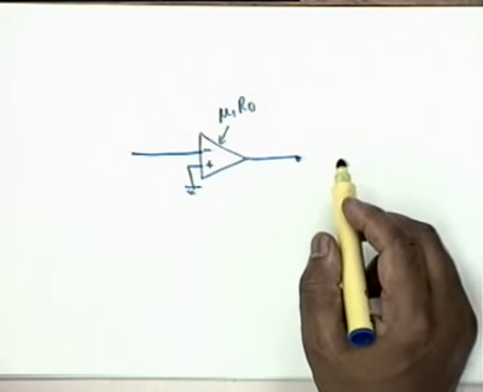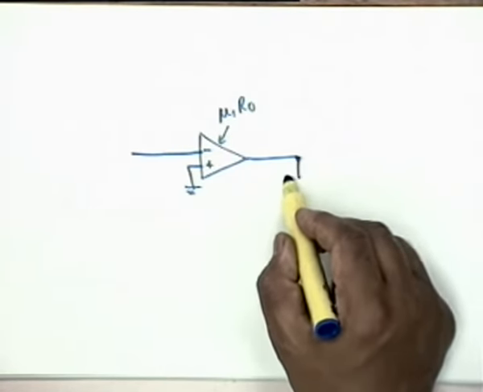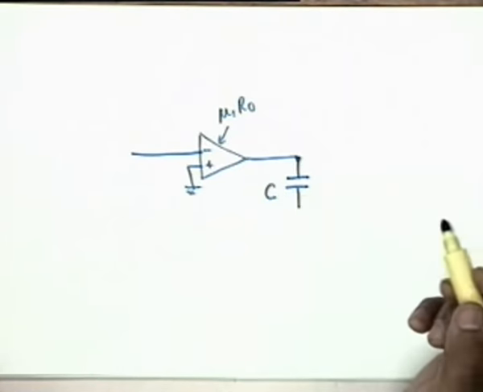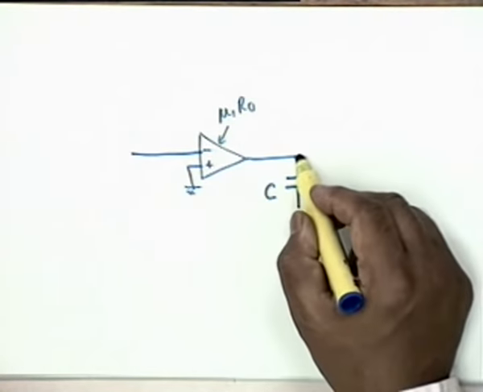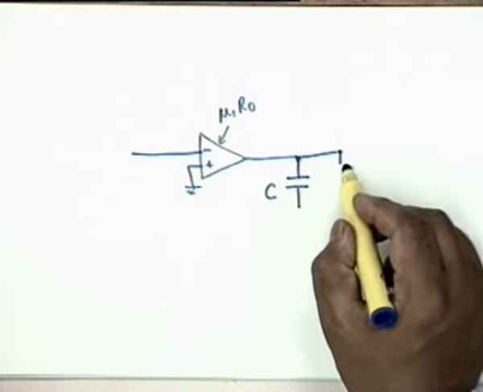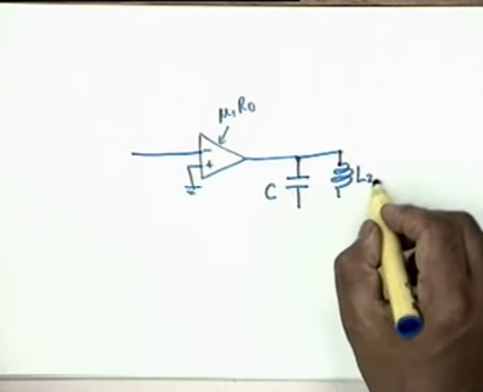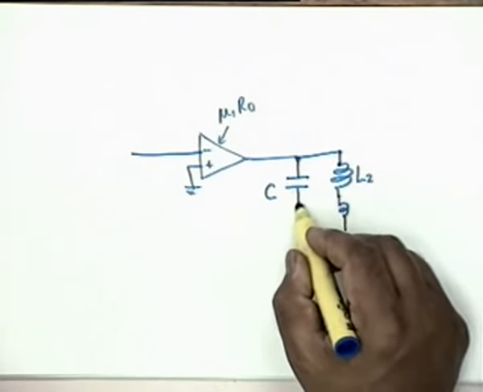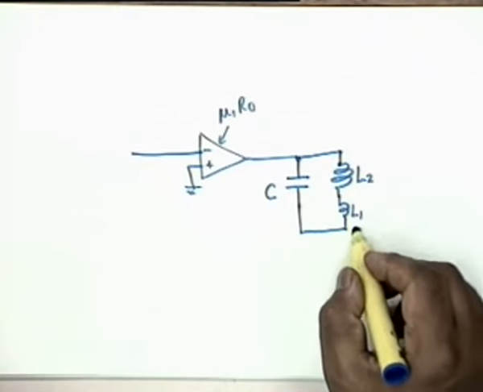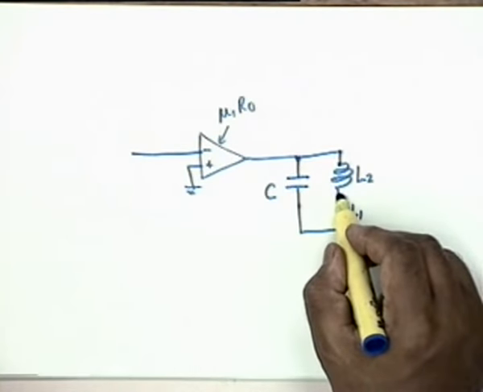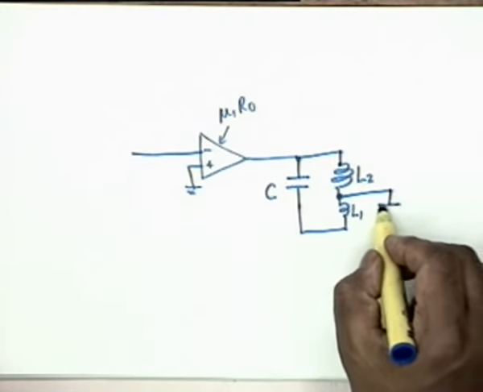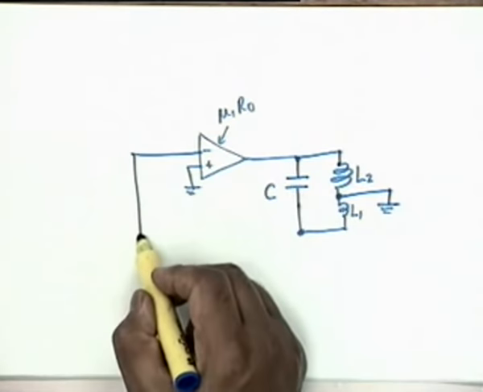Now x3 is a capacitor, so I have a capacitor here, C. Then I have two inductors. Was this x2 or x1? This was 2. Okay, so this is L2 and this is L1, and then this point is grounded and this goes to the input.